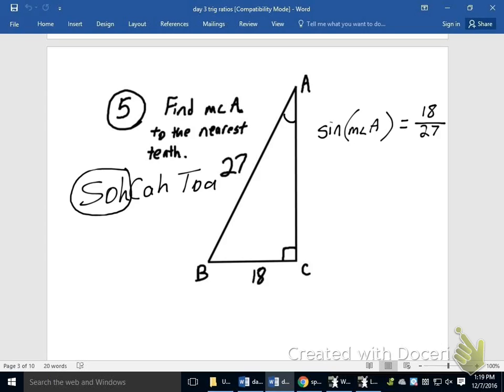Now, how in the world do you get the sine function to the other side of the equation? It's actually a step that I rarely completely write out, but you're doing the sine inverse on both sides.